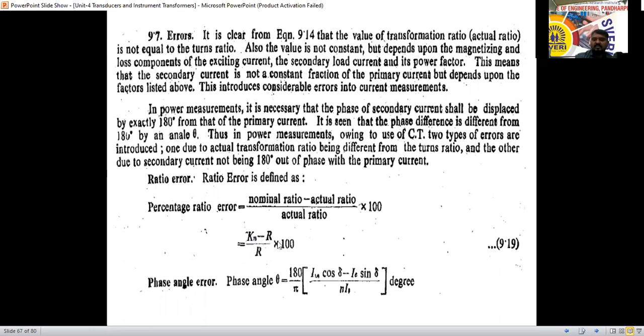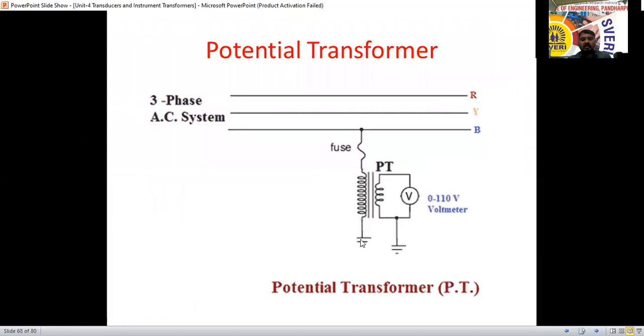We can calculate how much error we get. For the phase angle error, the same equation is used: Im minus Ie, the meter reading minus external current, into cos delta sin delta divided by NIS. That will give the phase angle error and ratio error. So it completes the current transformer.